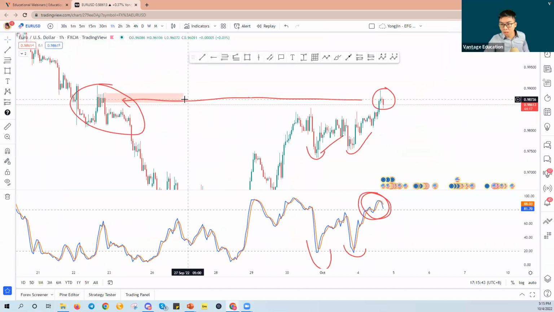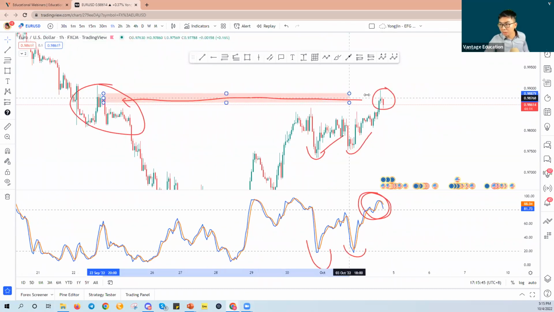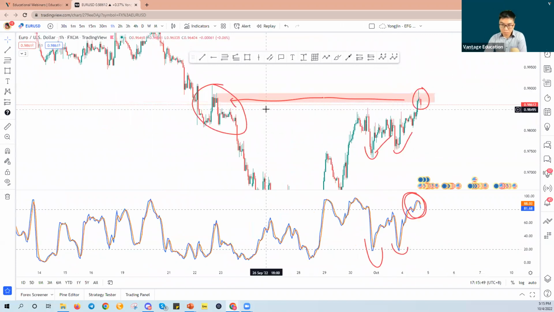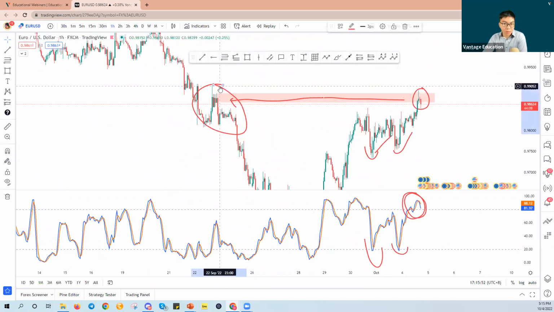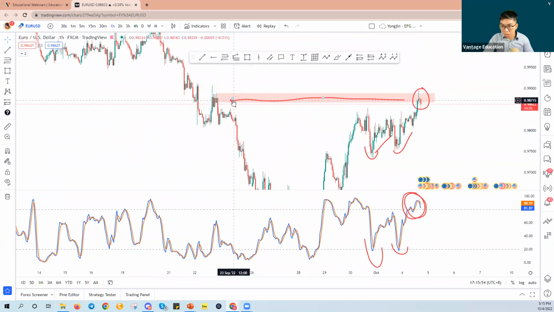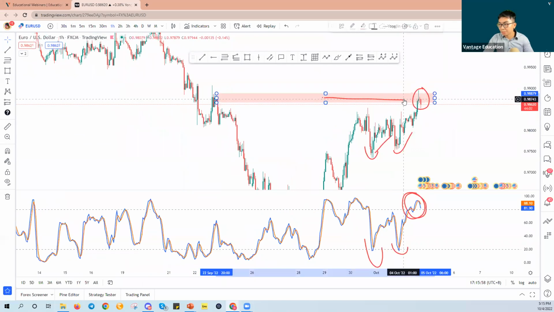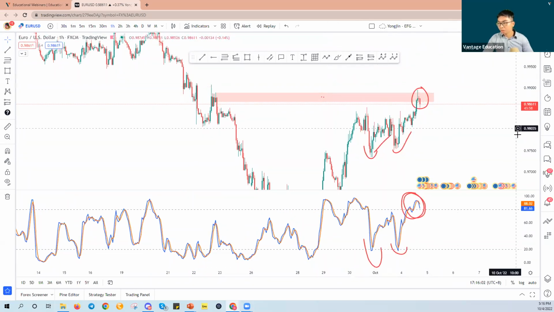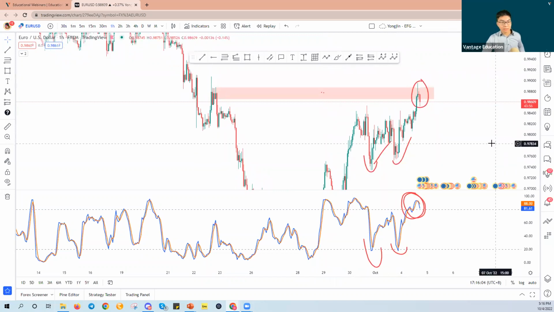So price went up, tapped an order block, or whatever kind of block you have a name for, before it had some kind of reaction. For smart money concepts, if you guys are interested, I can implement it into this chart live.